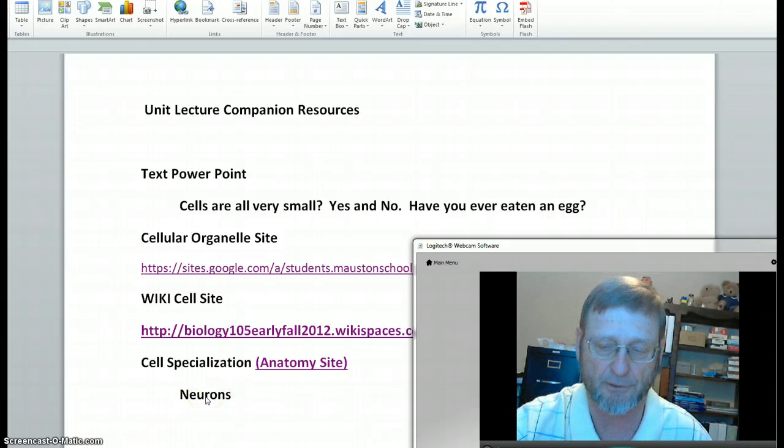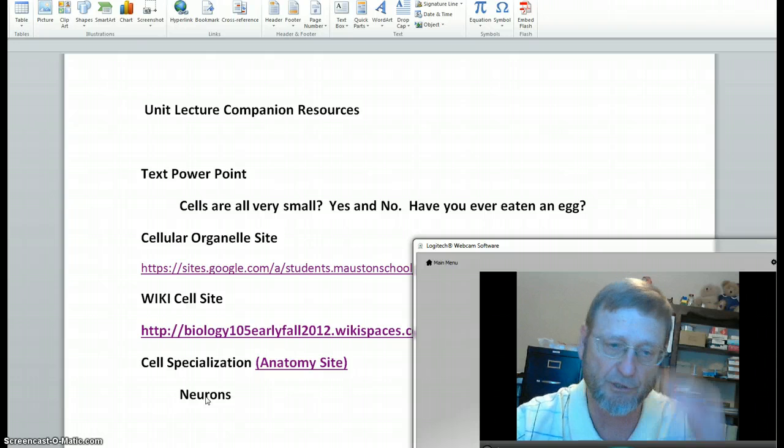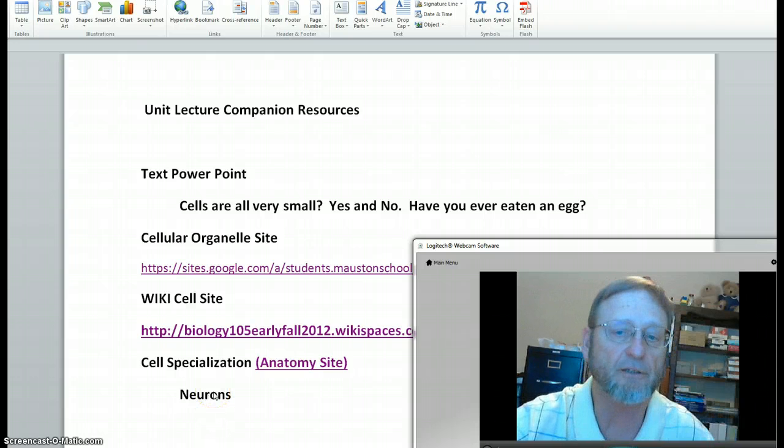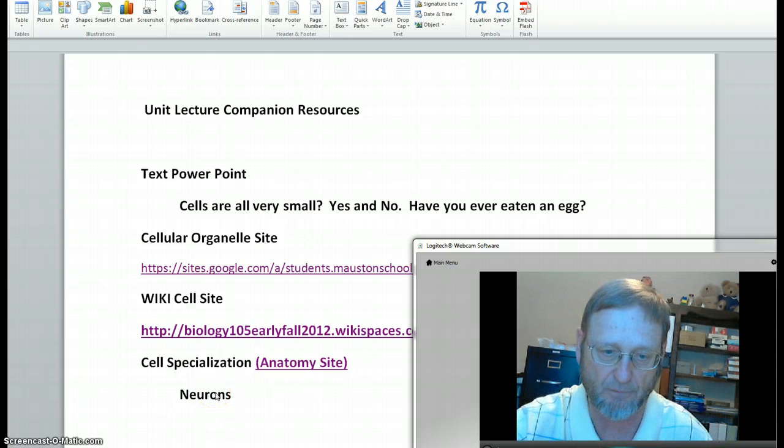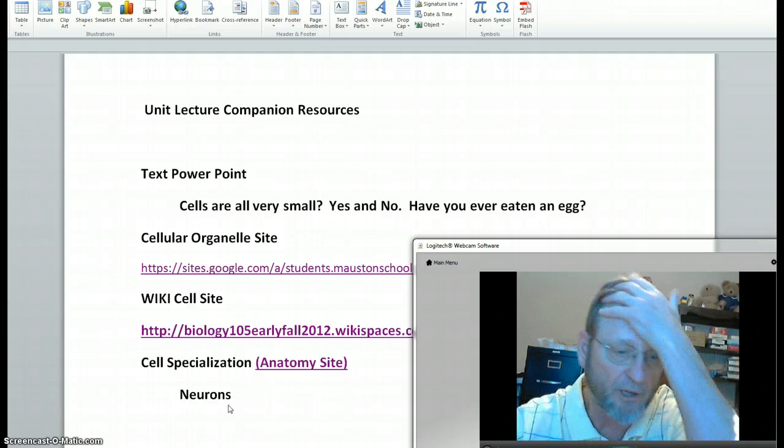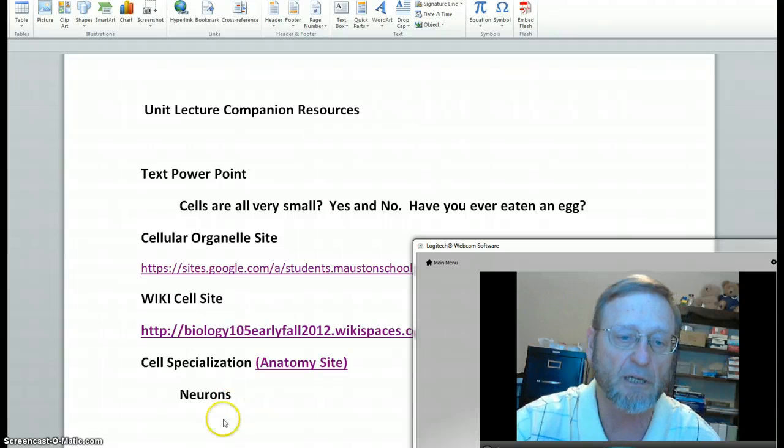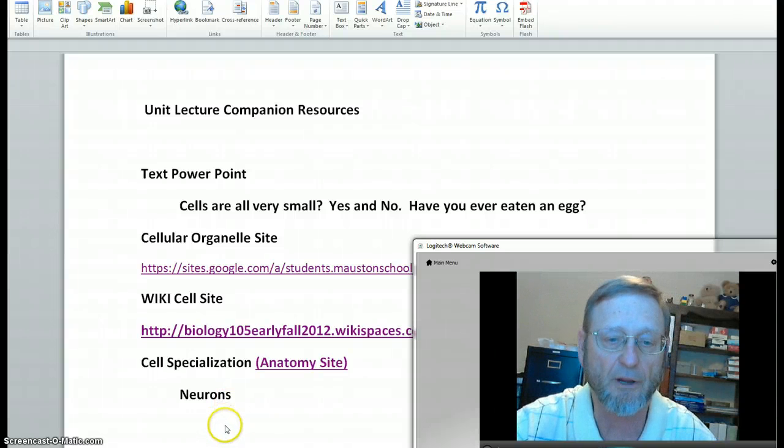We're going to look at neurons and nervous tissue as really an individual type of tissue that contains several types of cells, and they're all specialized, so we can get an idea of what's going on there.